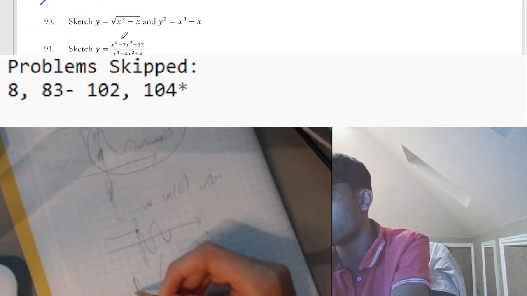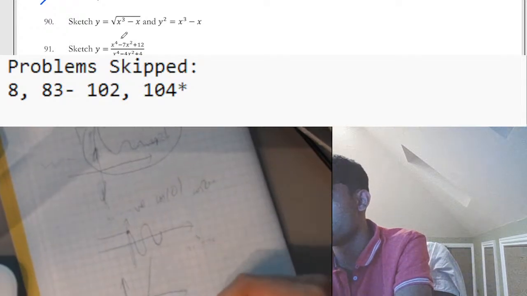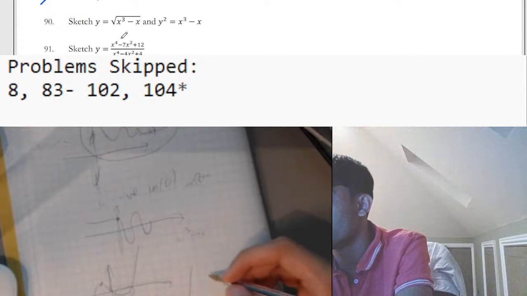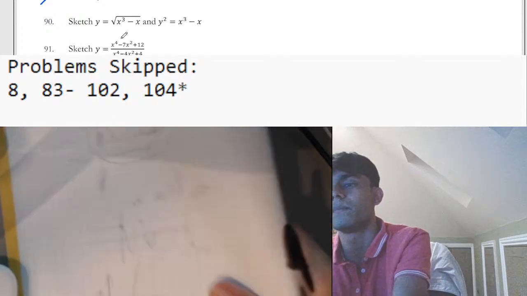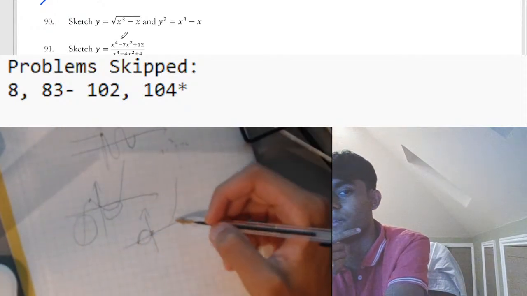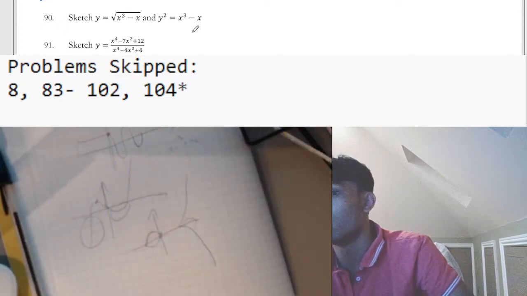It's going to be a similar shape, something like this. And then for y squared equals that, you can just flip this thing over. The right side still has to be positive, but you can flip this over, and that's the y squared thing.